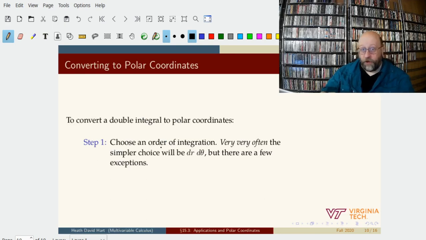First thing we're going to do is choose an order of integration. Very, very often, almost every time, the simpler choice is going to be dr d theta. Because if I have any trig functions, I would rather have sine theta or cosine theta or tangent theta instead of having to put it the other way around and having to work with sine inverse of r and cosine inverse of r and tangent inverse of r.